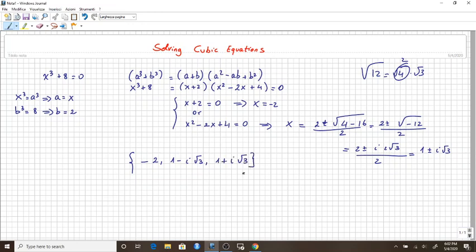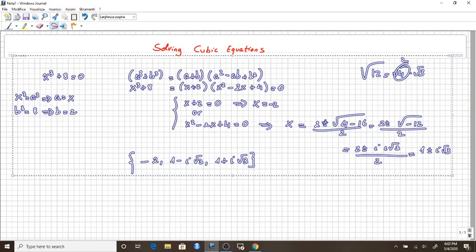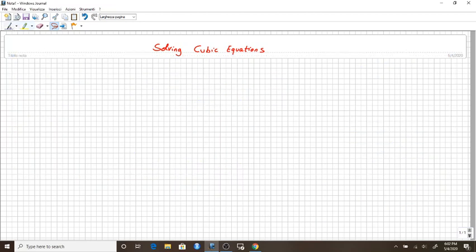Okay? Alright, so I'm going to assign you one last problem, and then I'll also give you the solution so you can check if this is correct. Actually, I'm going to assign you two different problems. The first one is x cubed minus 8 equal to 0, instead of plus 8.